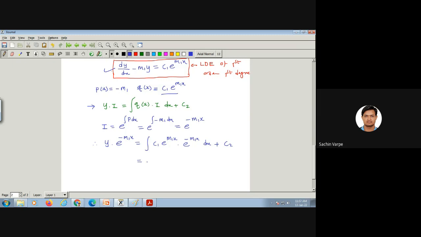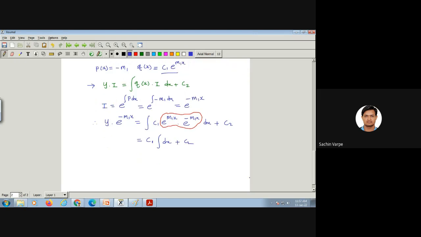So that is equal to c1, I'm taking it outside because it is constant, and by laws of indices this is getting equal to e raised to 0, that is 1. Yes or no? So that is integration of dx plus c2. तो क्या होगा इसका? That is equal to c1 x plus c2, y into e to the power minus m1x.